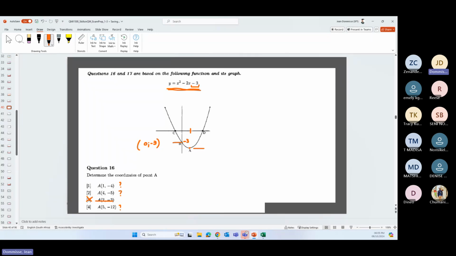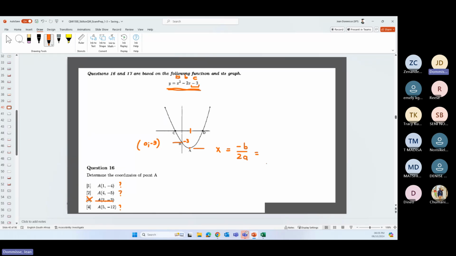So we know that point A is your turning point, so we can work out the x of a turning point, and there's a formula for that. It's minus b over 2a. So we've got the original function, so we know what a, b, and c are.